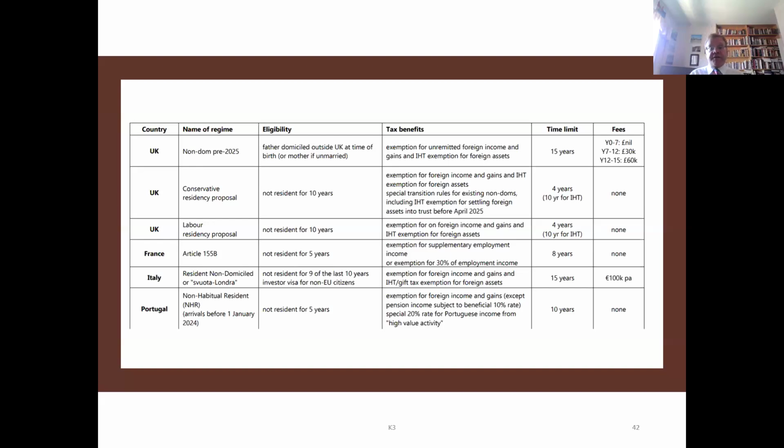You've been not resident for 9 out of the last 10 years, potentially exemption for foreign income and gains, an IHT gift tax exemption for foreign assets, and the time limit for that is 15 years, with a payment of potentially £100,000 in fees. And this type of regime has been attracting a lot of high net worth individuals to places like Milan.